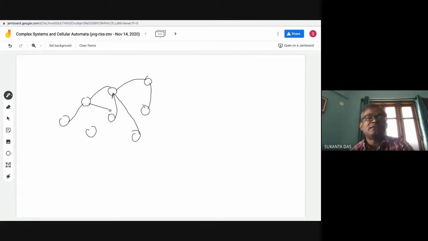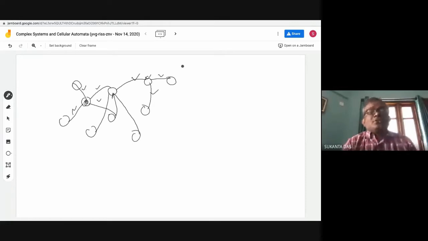Suppose I am defining an arbitrary graph, like this kind of thing. The lines say the neighborhood dependency. For example, consider this node: it has four neighbors, while this one has three neighbors. So the network is irregular.